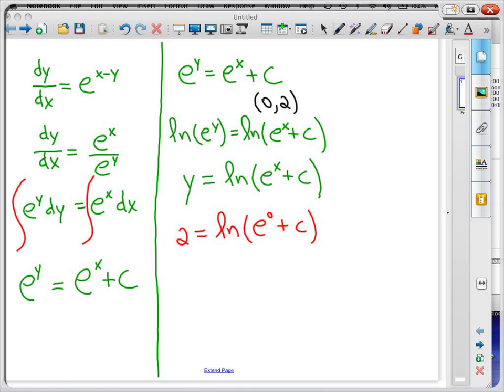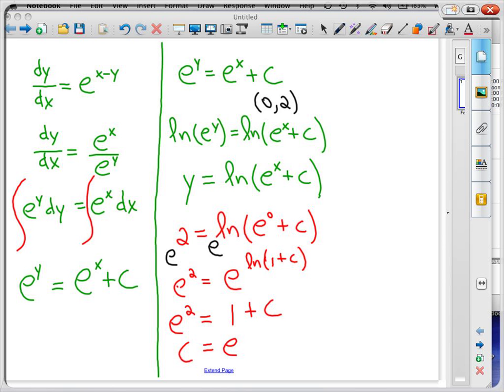So if I decide to make both sides into a power of e, you can see what I get is e squared equals e raised to the natural log of 1 plus c. But e raised to the natural log of 1 plus c is just 1 plus c. And so c must equal e squared minus 1.